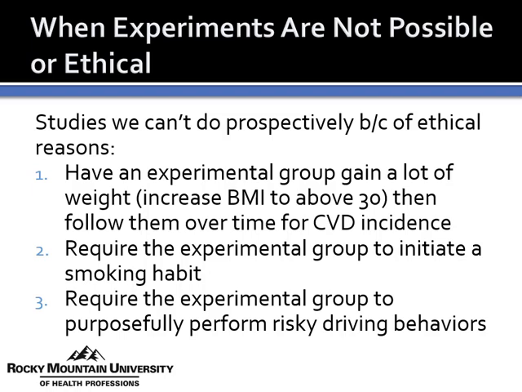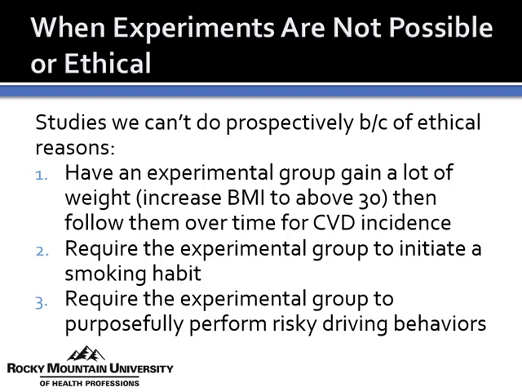Now, not all prospective cohort studies are able to be conducted or performed. There are times when an experiment is not possible or ethical. So we can't do prospectively some of these studies because of ethical reasons.